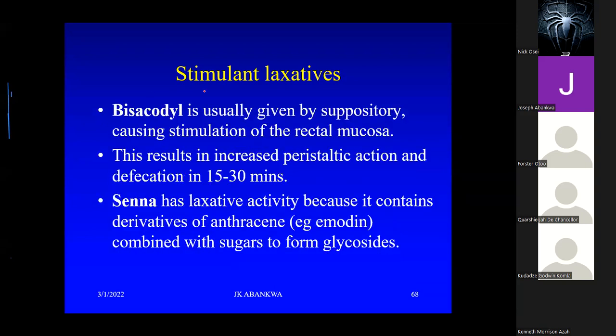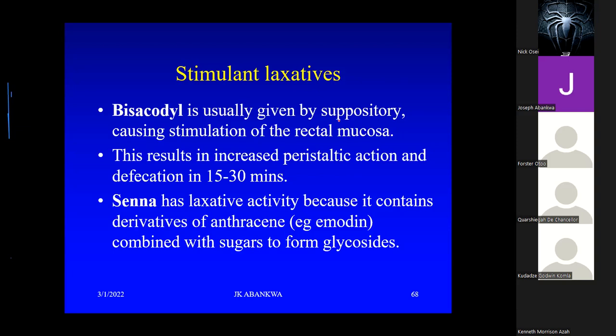So bisacodyl is usually given by suppository, causing stimulation of the rectal mucosa. Please note that anytime we give drugs via suppository or the rectal route, it gives 50% bioavailability and 50% metabolic activity. I hope you've done bioavailability; you do it in pharmacology 1, so when you get there, you understand.